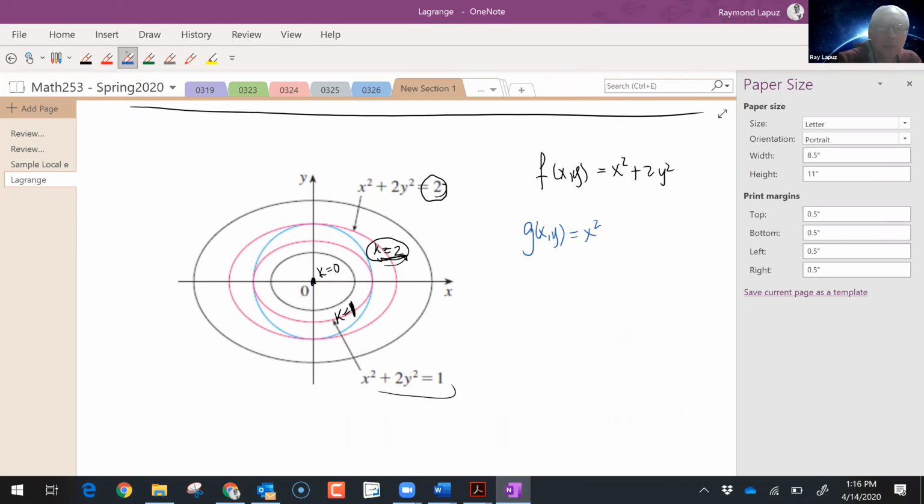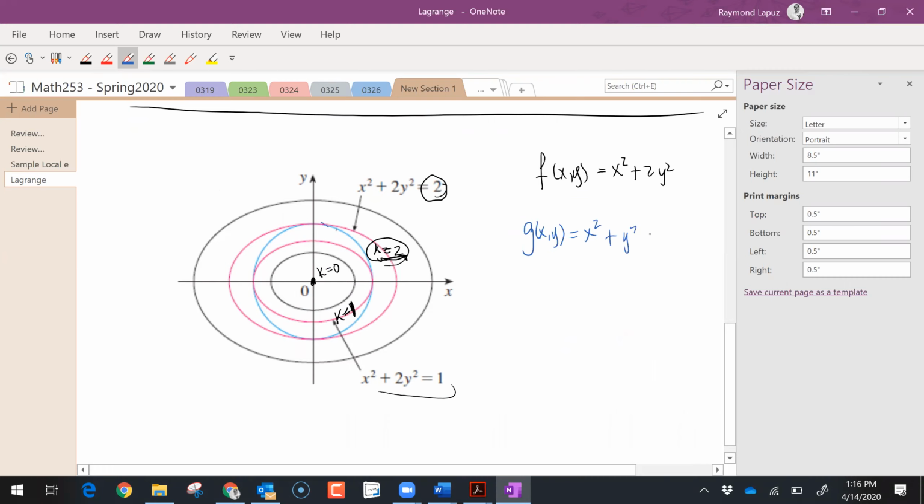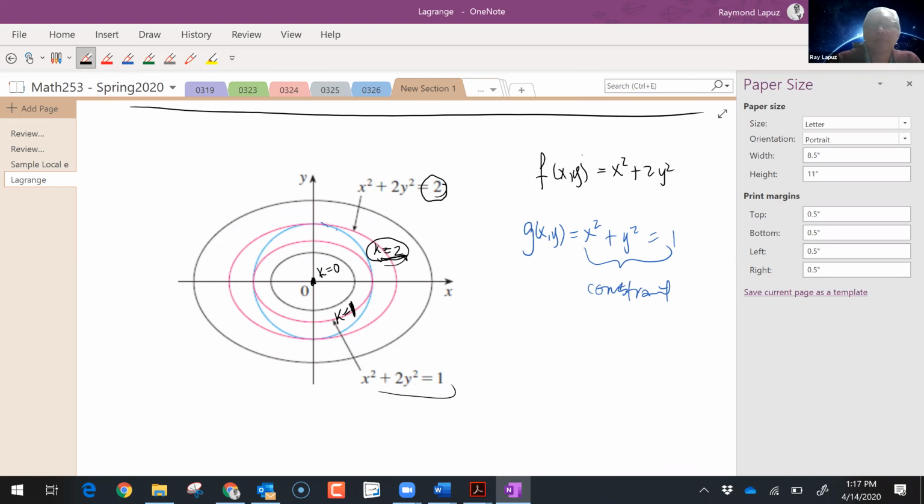The circle in the blue is x squared plus y squared, and then we're looking at only one level for that, so that is equal to 1. So this is your constraint. And this is your actual function. And then these things here are levels.